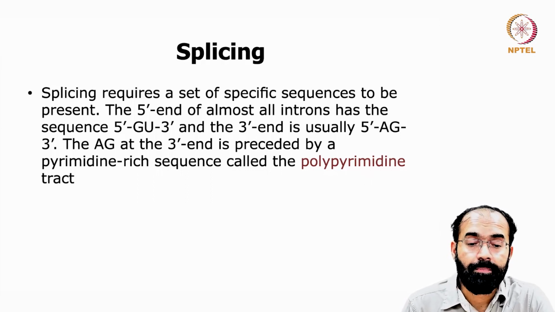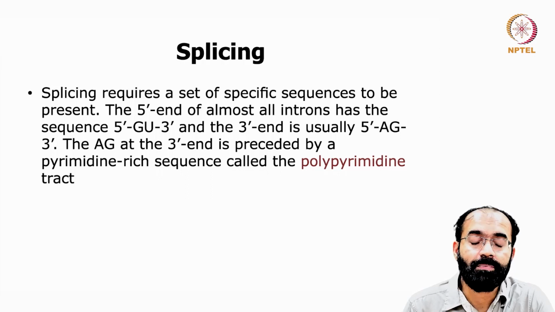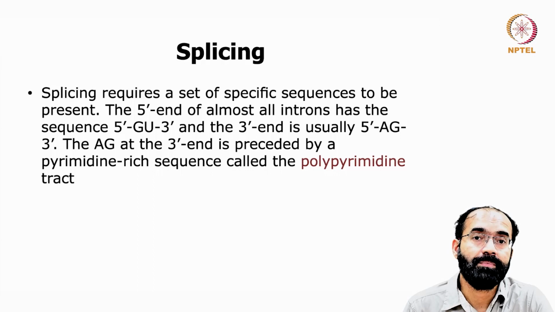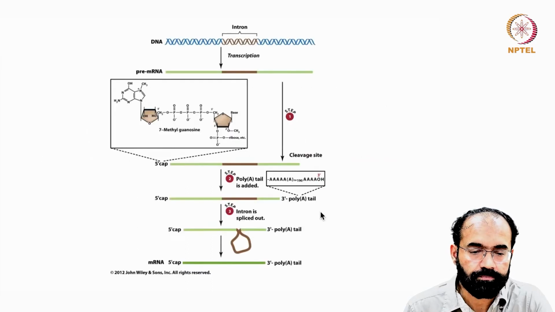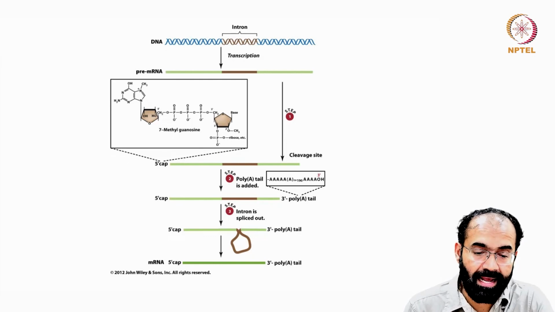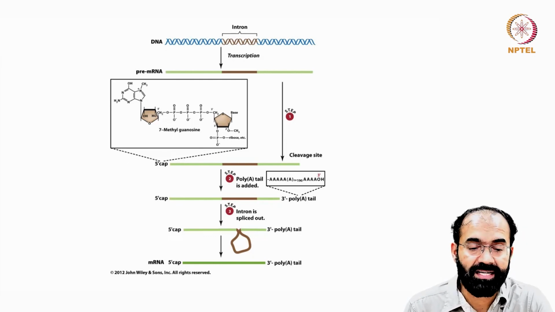The AG at the 3' end is preceded by a pyrimidine-rich sequence called the polypyrimidine tract, and upstream of that you have a branch point that must be an A. So coming back to RNA processing, once again you have pre-mRNA produced from the gene along with an intron, and it undergoes capping even before it is completed.